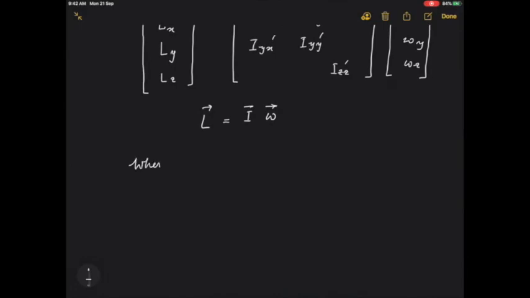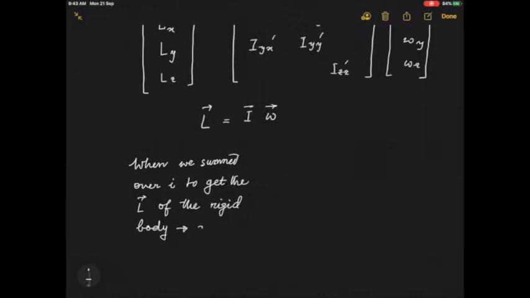There's one more step that one needs to do. Here when we summed over i to get the angular momentum L of the entire rigid body, we considered it discrete.